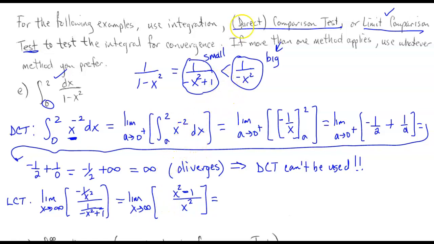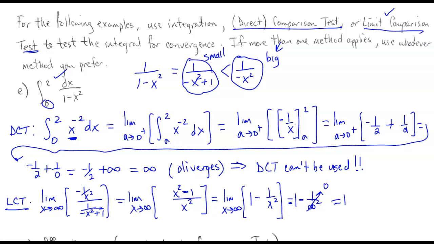So we have that. Then, of course, this will now look like 1 over 1 over x squared. Plug in infinity for x. That goes to 0, and we see that we get 1. And of course, 1 is a number in between 0 and infinity. So this does meet the conditions of the limit comparison test.